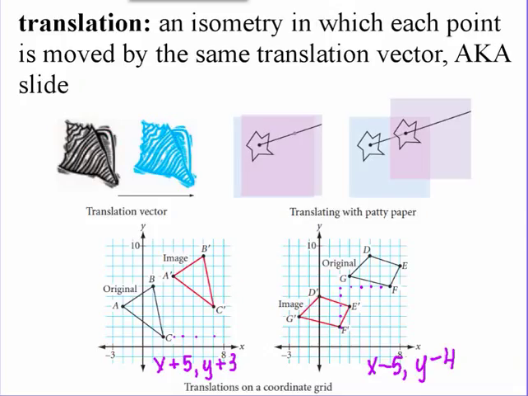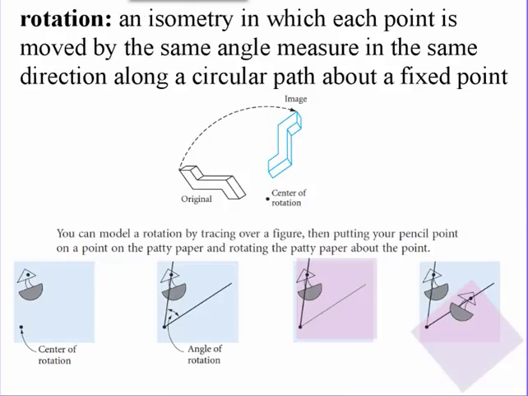The next one we're going to look at is what's known as a rotation. A rotation is an isometry in which each point is moved by the same angle measure in the same direction along a circular path about a fixed point. Okay? So it's kind of a wordy definition, but what it means is that you've got a center of rotation.